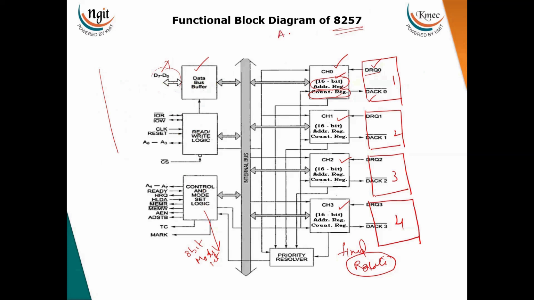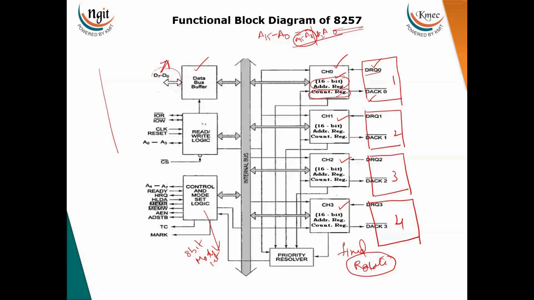How many address bits? 16-bit address, that is A0 to A15. A0 to A7 is the lower order address and A8 to A15 is the higher order address. This higher order address is time multiplexed with this data bus.